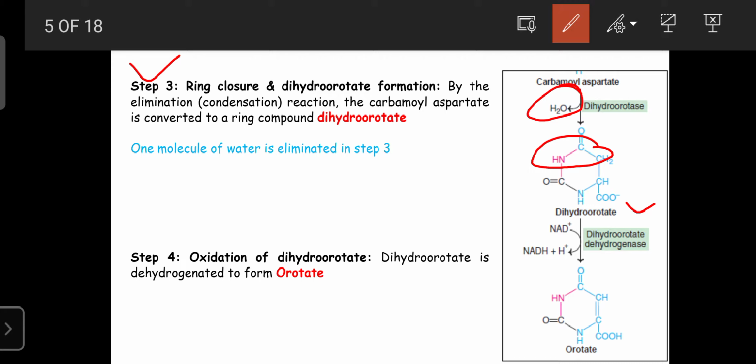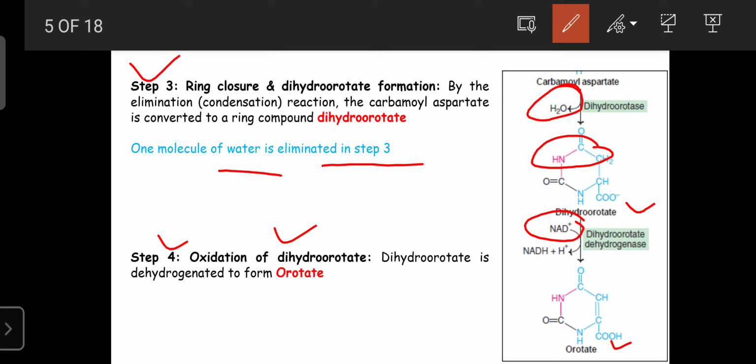So in this reaction, one molecule of water is eliminated. That elimination of the water molecule is helpful for the ring closure by the enzyme dihydroorotase. Step 4 is known as the oxidation of the dihydroorotate. Here the dihydroorotate is oxidized into orotate. That oxidation reaction is regulated by NAD.